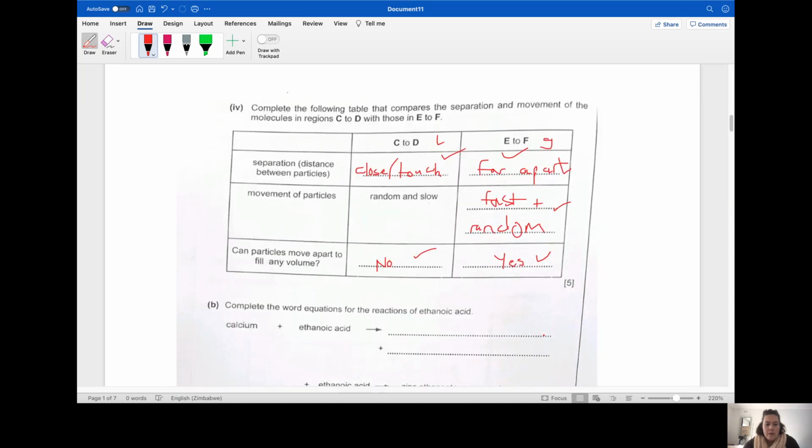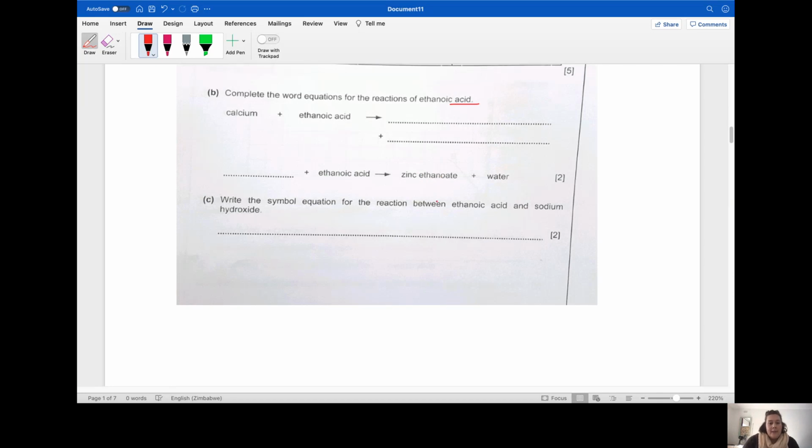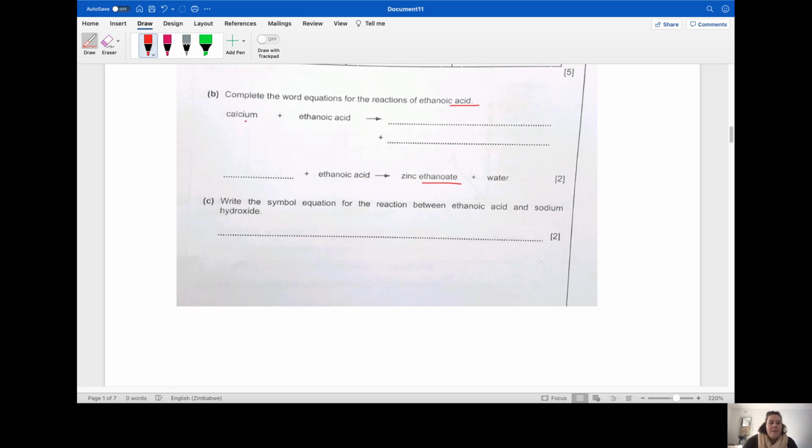Okay. Right, question B. Complete the word equations for the reaction of ethanoic acid. Okay, now a little bit tricky here, but they told you that right at the beginning, they told you that you form these compounds, ethanoates. Okay, so here we have a metal and an acid. So you will get a salt, which will be calcium ethanoate. Okay, they told you that in the question.